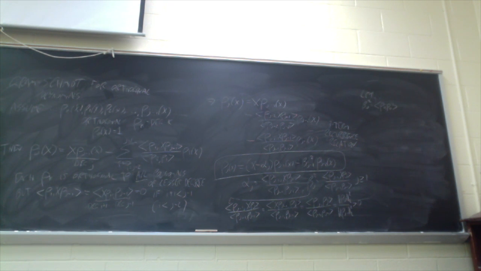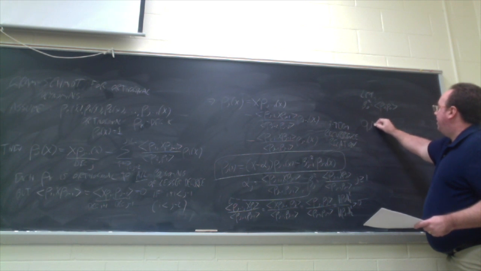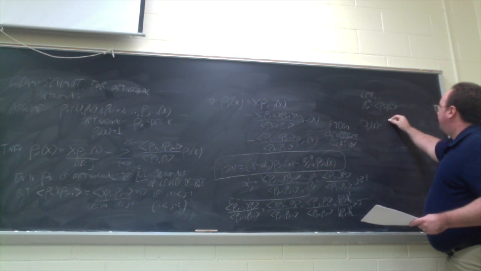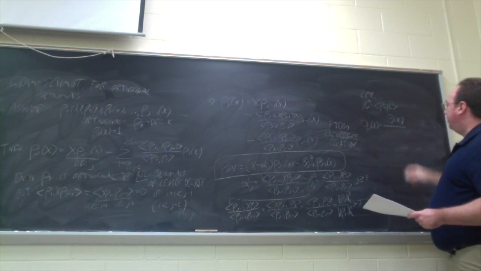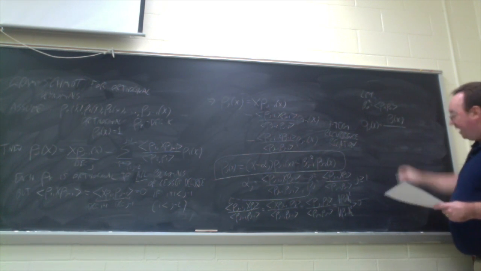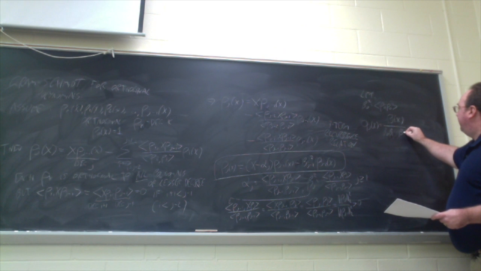Then what I can do is define qj of x to be pj of x. So pj's are my orthogonal polynomials, and I divide by beta 0 times beta 1 up to beta j.